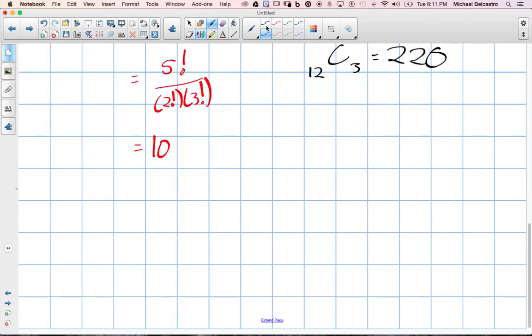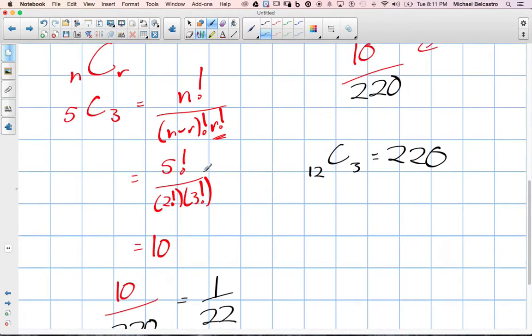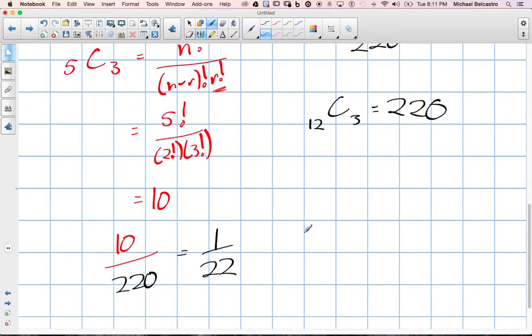So let's talk about how we got that probability. We decided that there are 10 ways to choose the chiefs, and there's a total of 220. That becomes a 1 in 22 probability. How did we get those numbers? We have to say what we wanted for each. Because they're asking for the probability, the first thing is our event A: the probability of choosing 3 chiefs out of the total of 5 chiefs.